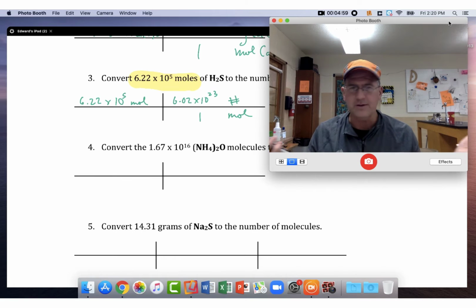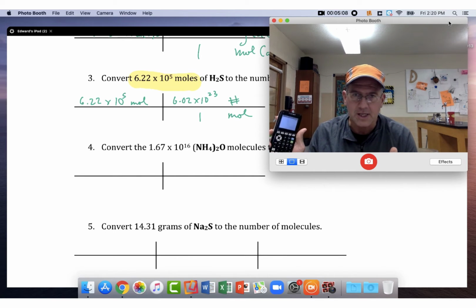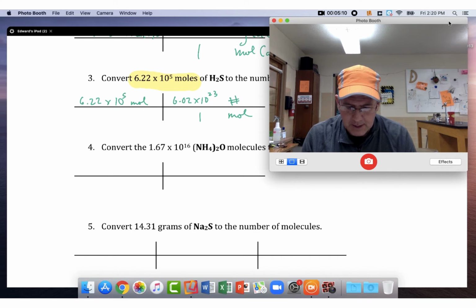And we don't have to look anything up. There's no mass this time, right? So we just do it right through, 6.22. And then you're going to push that second comma if you have this one, which is the E button. And then to the fifth, and then times 6.02, second comma E, 23, boom.